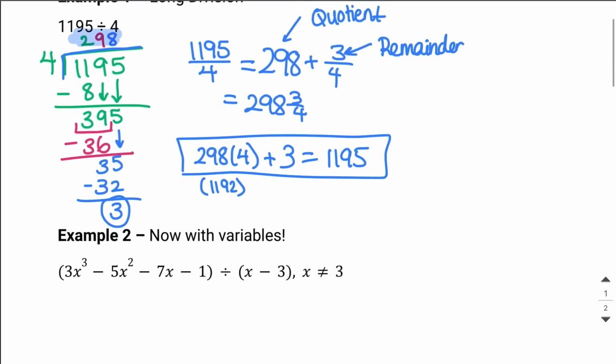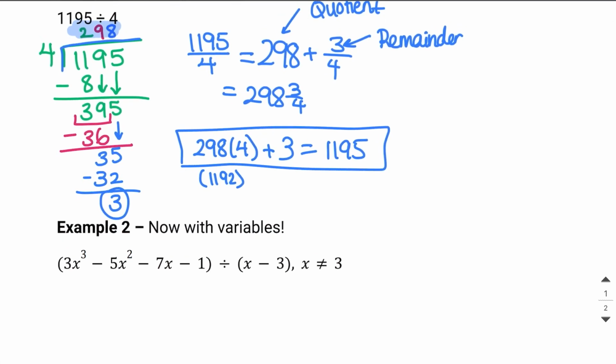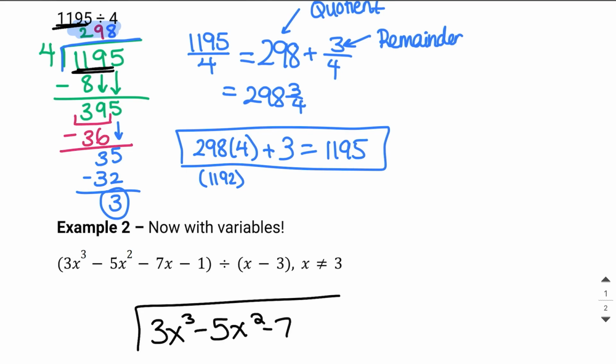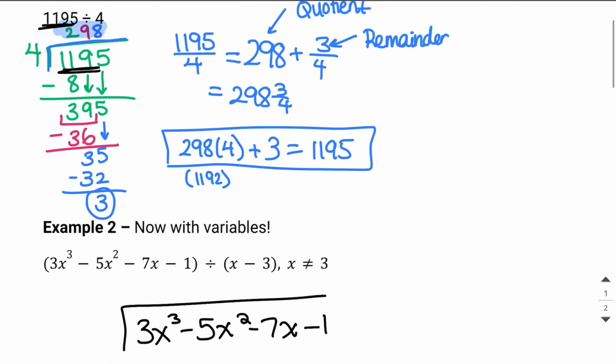So just like we did before, we're going to take this dividend, the number that we're dividing, and put that underneath our long division symbol, okay? And then we're going to take our divisor, which is like this 4 right here, and put that on the side to show that we are dividing by x minus 3.